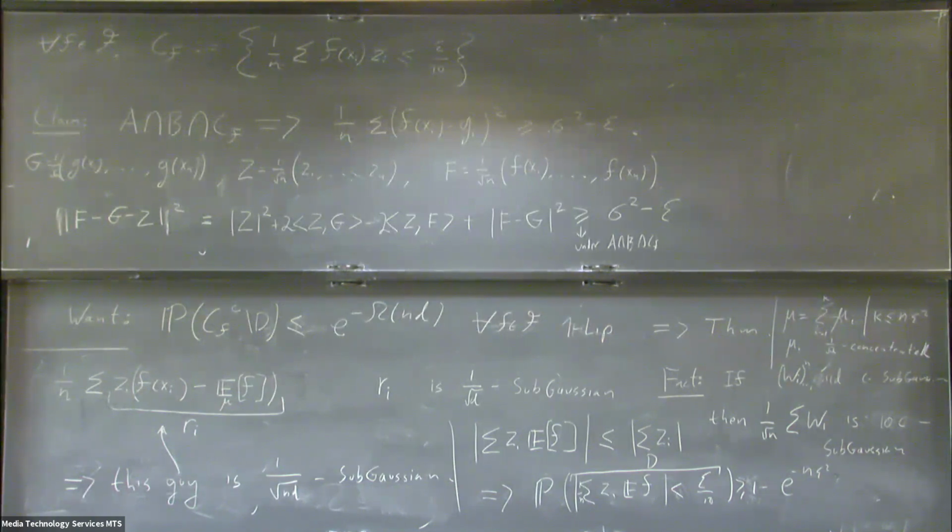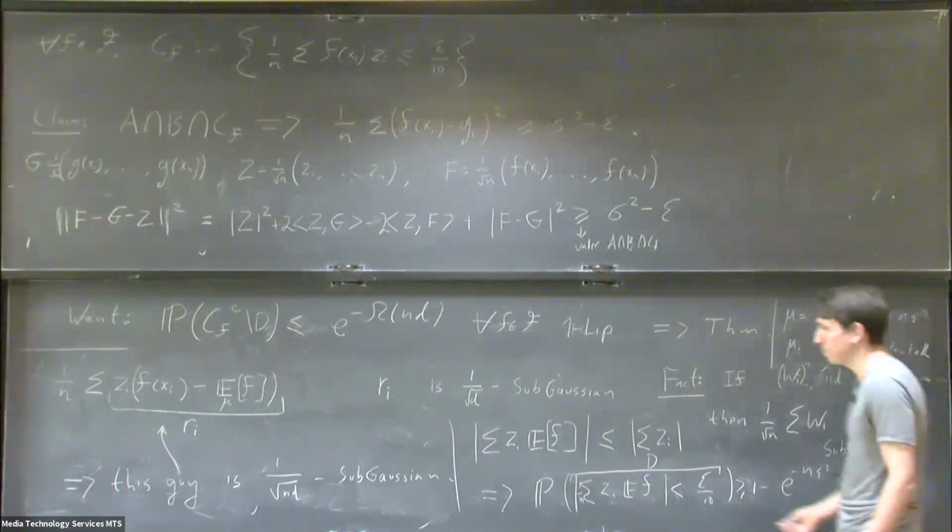Yes, exactly. If it's small enough, it just doesn't affect it at all. So you just need that in each one of these components, you have at least 1 over epsilon squared points that fall.